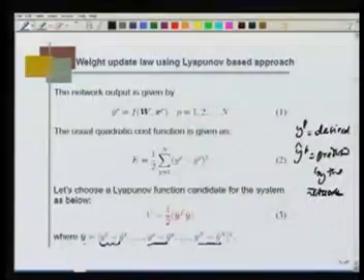For each pattern we compute the error, and each error is an element of the vector y tilde.